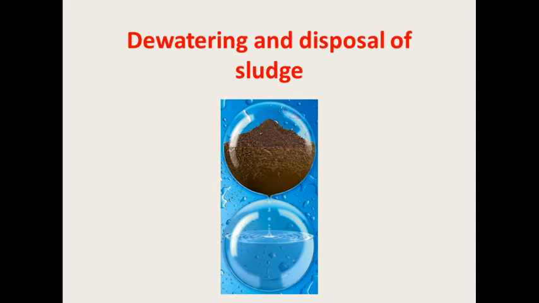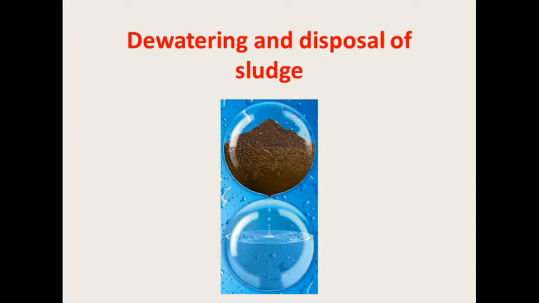As we already discussed the anaerobic sludge digestion process, the sludge is collected from various treatment units like primary sedimentation, sludge thickening, sludge disintegration, or the clarifier. This sludge is digested by anaerobic digestion, and from that digestion we produce biogas, that is energy production, after heating and mixing.